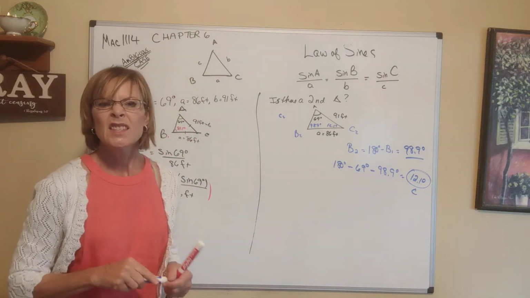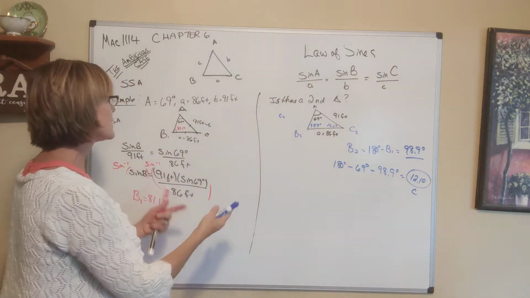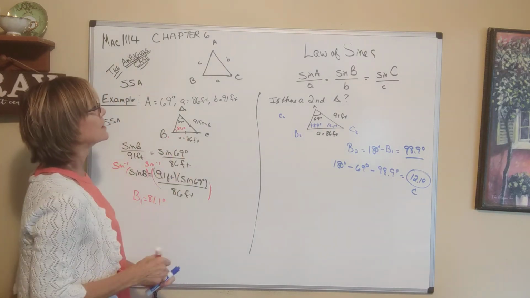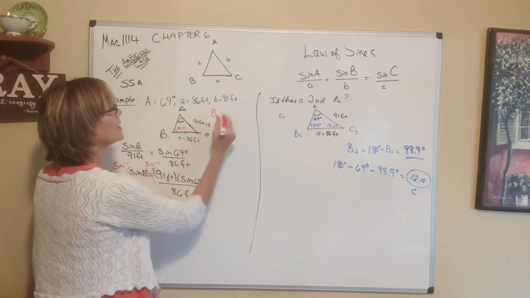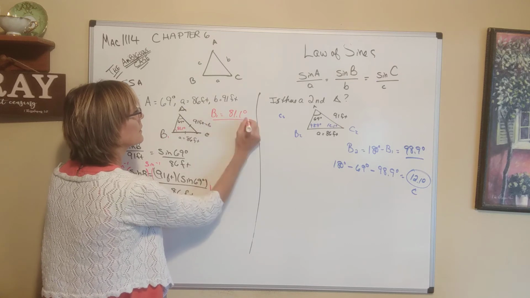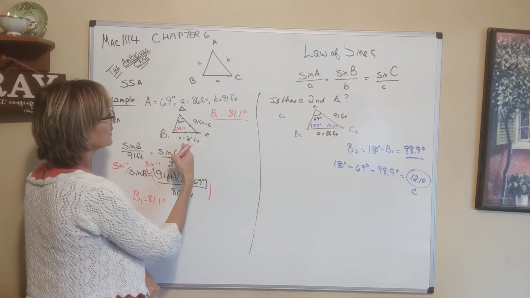Now, the rest is stuff you've done before. That was the big deal: is there two triangles? Once we know, the rest is figuring out what we have and what we don't know. So here's the things we had to figure out. We needed to find B1, which we did. It's 81.1. We know little b, we know little a.